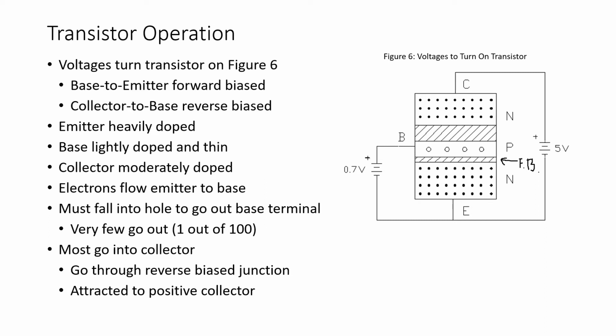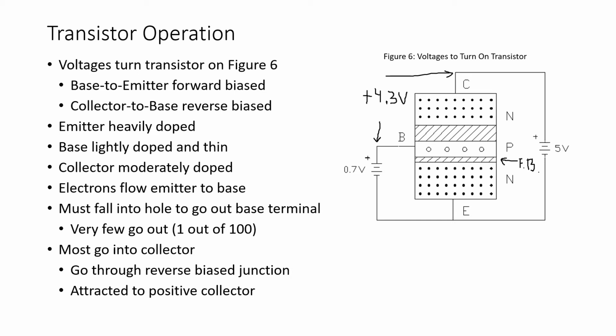Now note in figure 6, we've applied a voltage of 5 volts with positive on the collector and negative on the emitter. Now with this 5 volts applied from collector to emitter, understand that from the collector to the base, we have a positive 4.3 volt difference from collector to base.